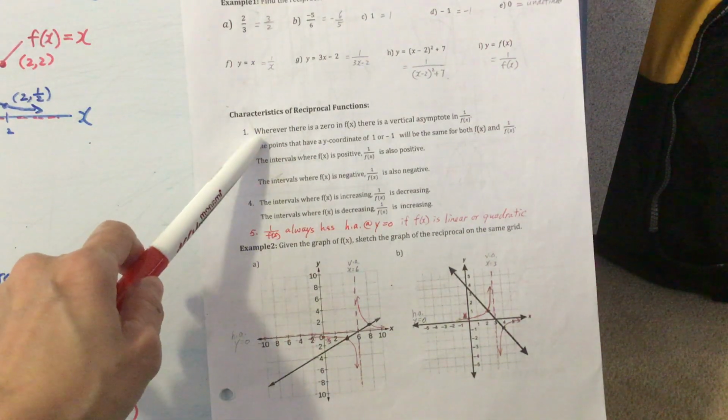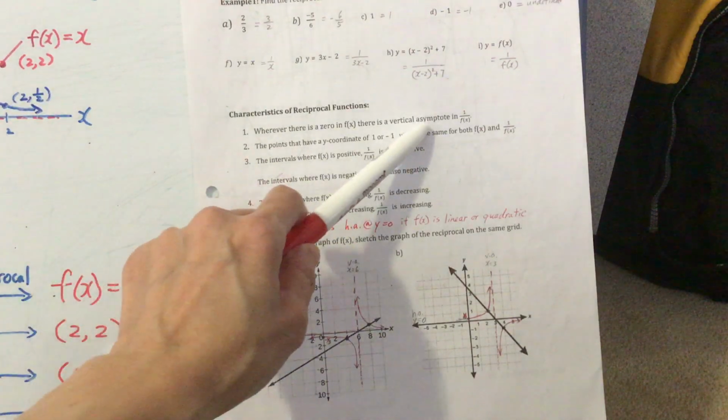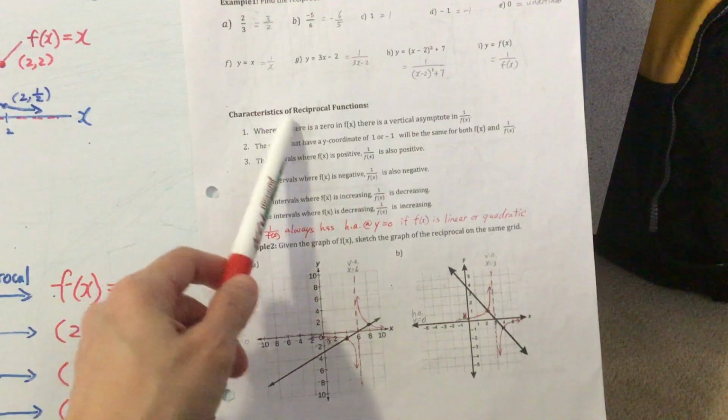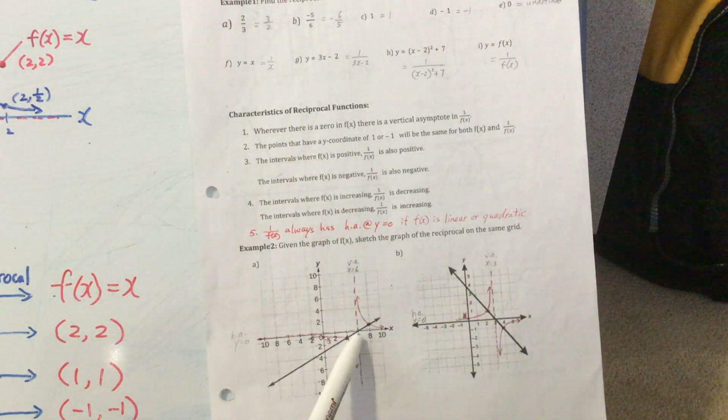If you start with the first point, whenever there's a 0 in the function, there's a vertical asymptote in 1/f of x. Which is true. So this linear here has a 0 at x equal to 6.